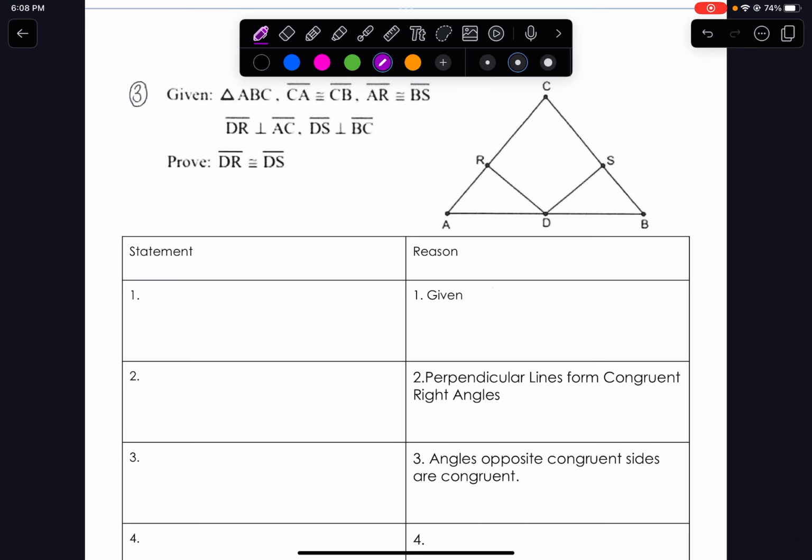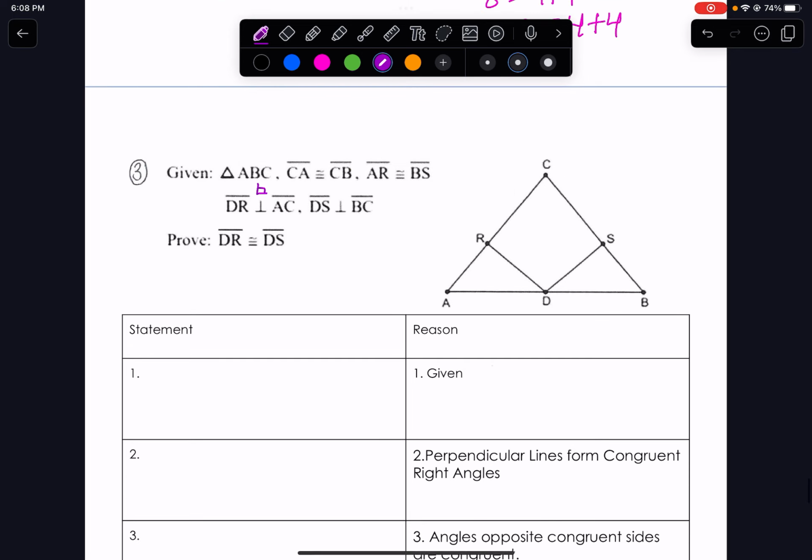Given triangle ABC, CA is congruent to CB, AR is congruent to BS, DR is perpendicular, so these are right angles, to AC, DS is perpendicular to BC. Prove the sides DR and DS are congruent. So let's go through and mark. CA, this entire side, is congruent to CB. So these two are the same.